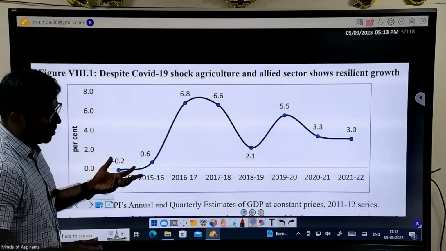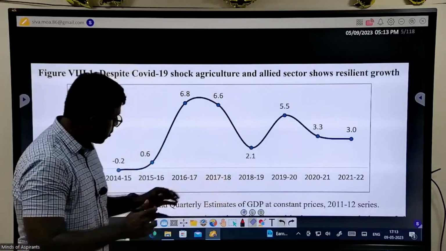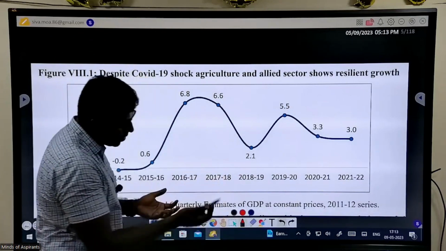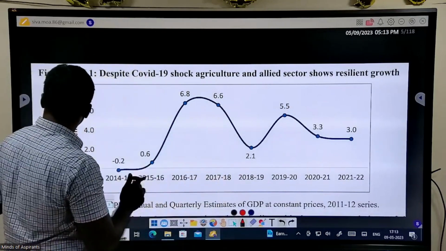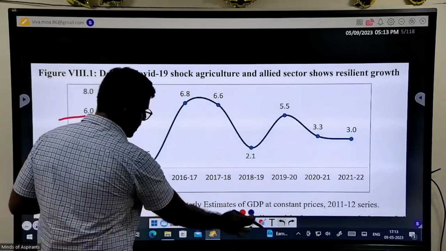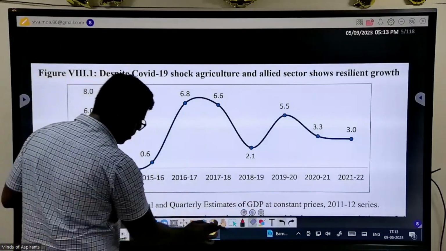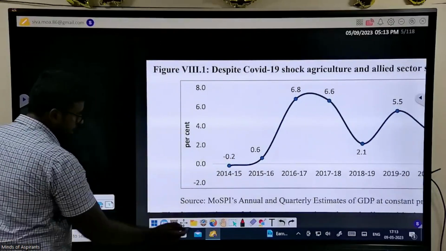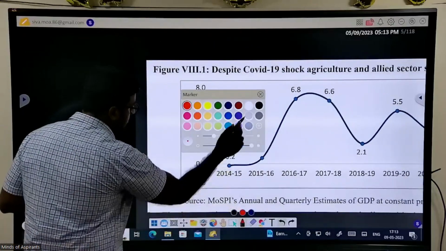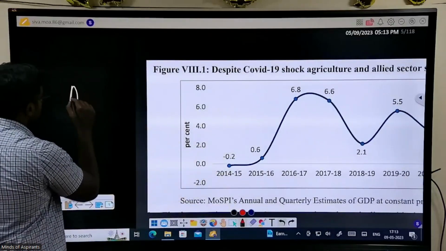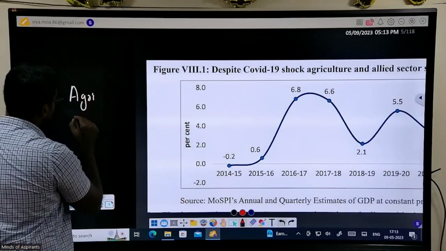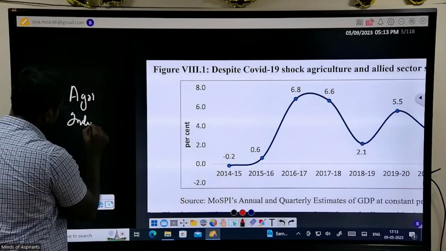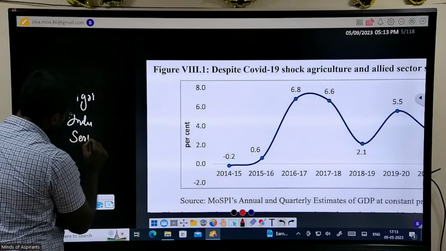Next, as you might know, for the mains exam and for the preliminary examination also, a very important piece of data is the GDP composition or GVA composition. In this composition, you should think about what the shares are for agriculture, industry and services.